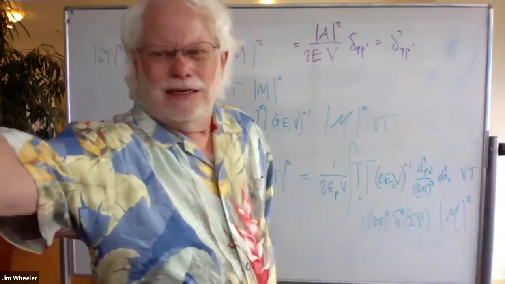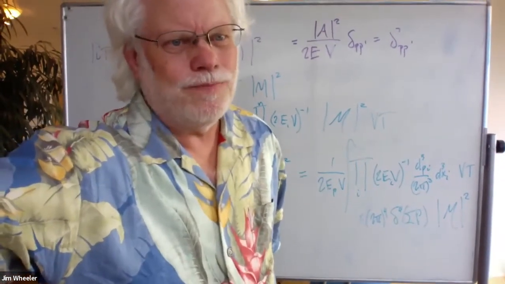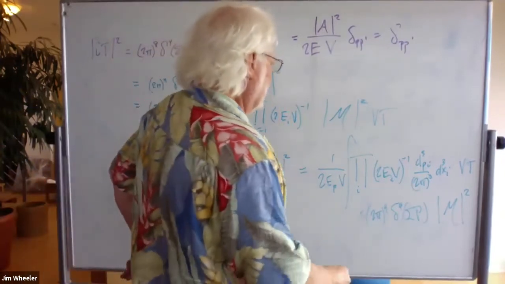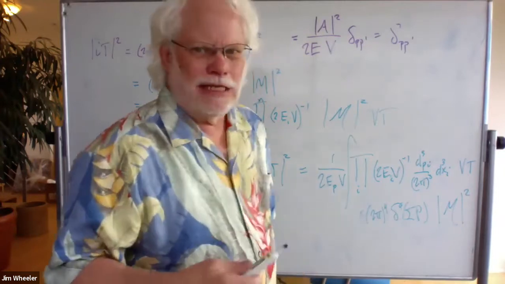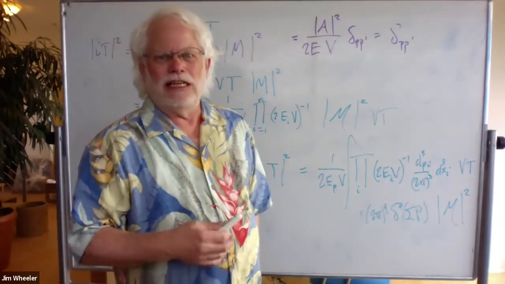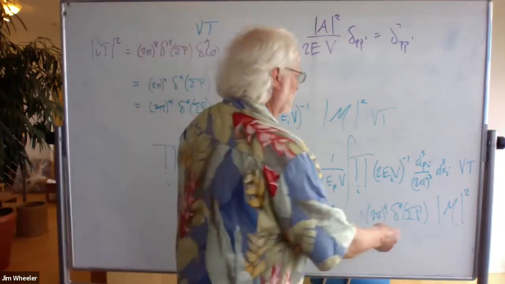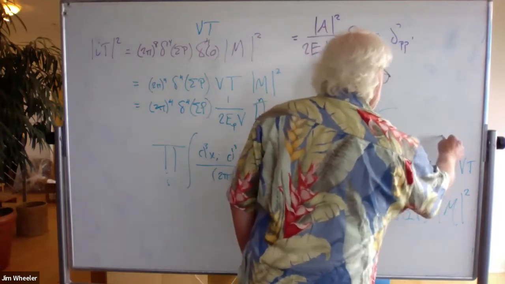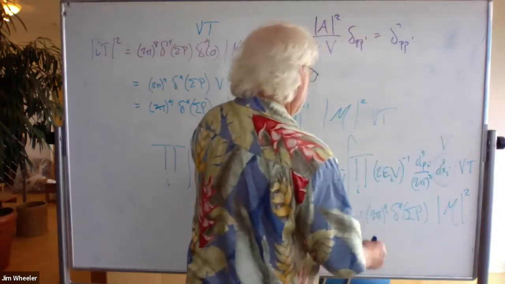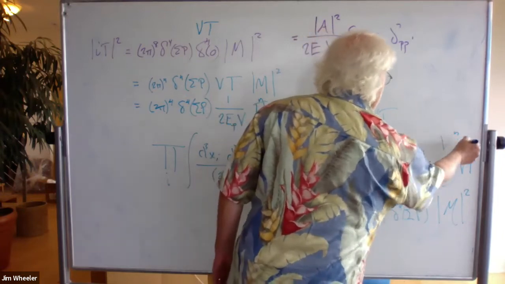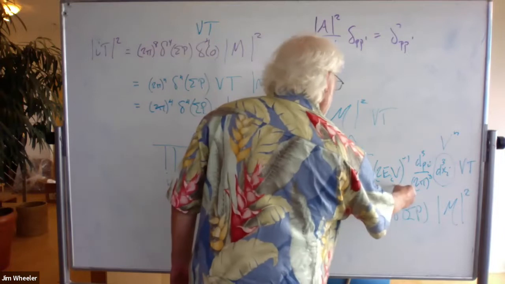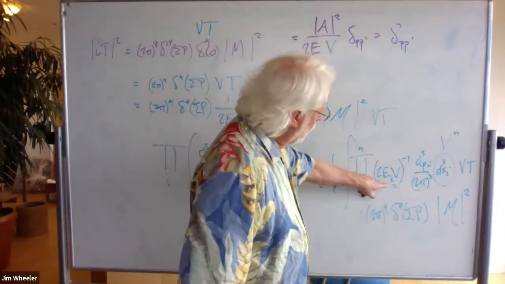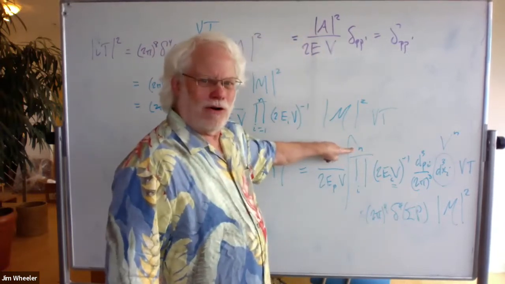Okay. So now what happens is, remember this matrix element only depends on the momenta. We've written it in momentum space. So the spatial integral just gives the volume, and that's going to be a volume to the nth power. This product includes 1 over the volume to the nth power.